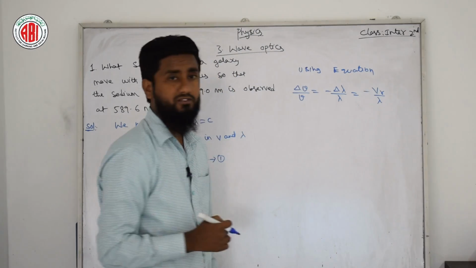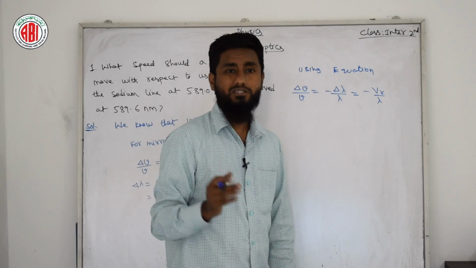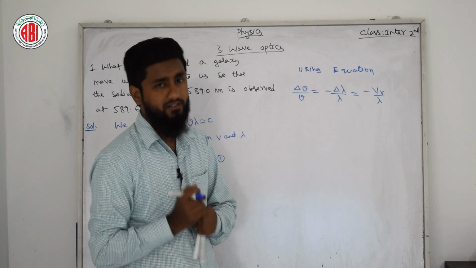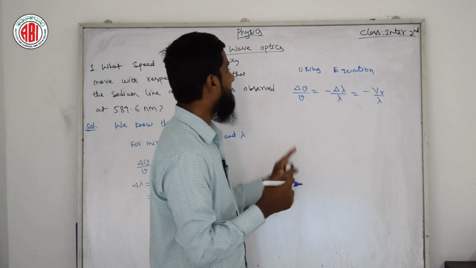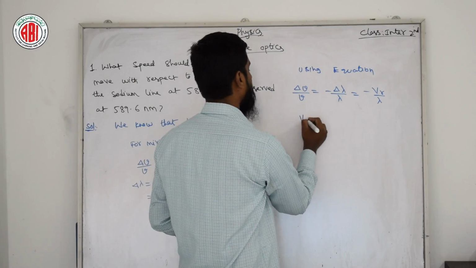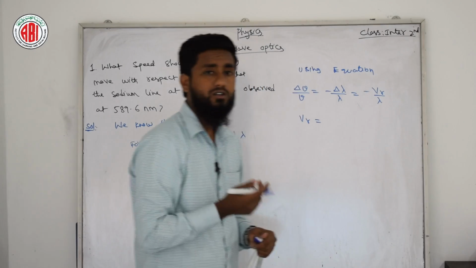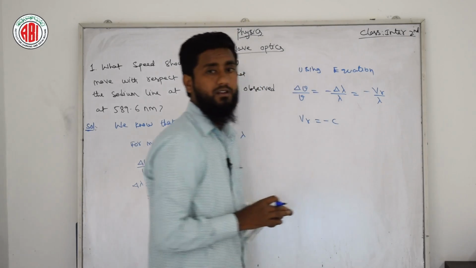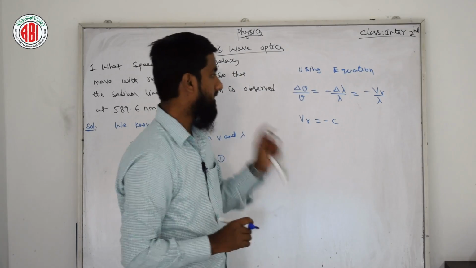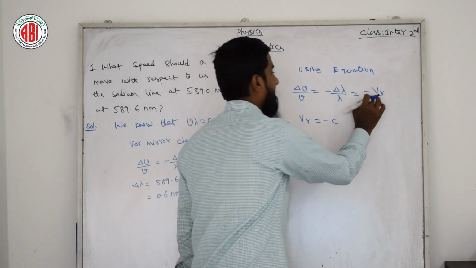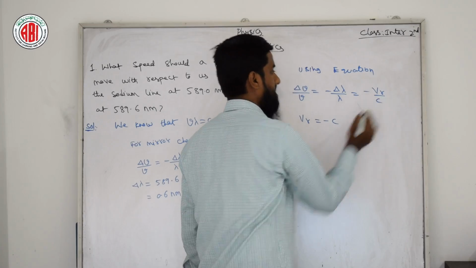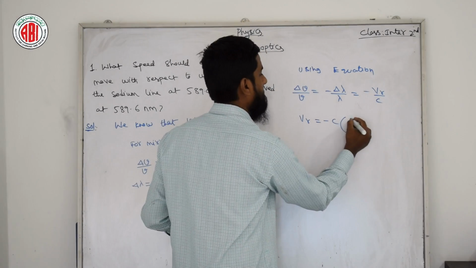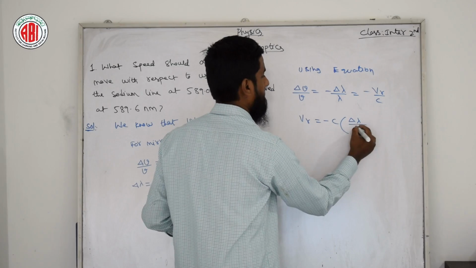So we just need to find the speed, the velocity v here. So v radial is equal to minus c into the change in wavelength by wavelength.